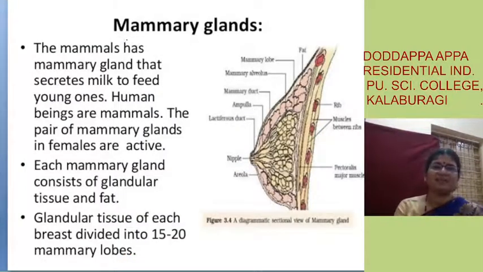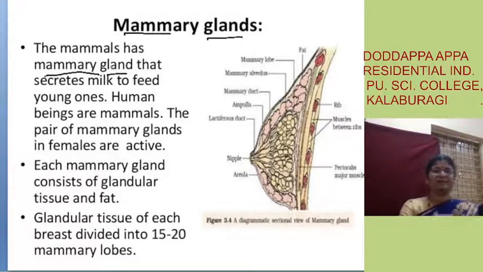Now mammary glands, you have practiced this for theory. The mammals have mammary glands. The name mammal itself we got because of the presence of the mammary gland. These mammary glands are functional in the females and non-functional in the males.